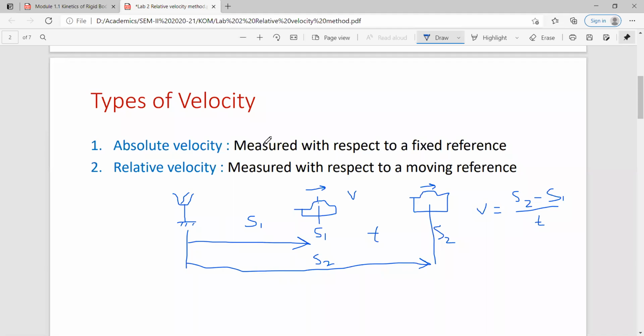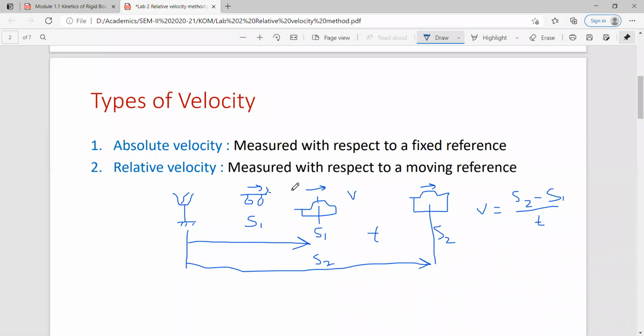For example, say there is a car and a bike person is also there. This is the bike, these are the wheels. The bike is also moving with some velocity. Now you say that this bike is your reference.